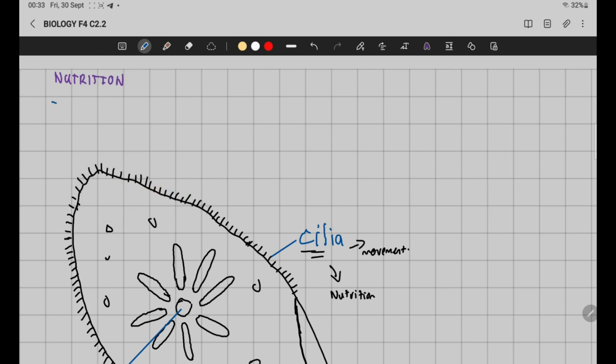So it is important for you to know that these cilia move in a movement that we call the rhythmic beat of cilia, in which they help sweep food through to the oral groove.